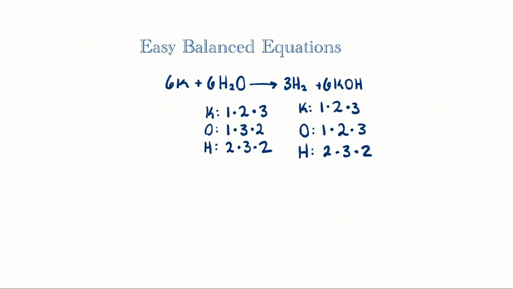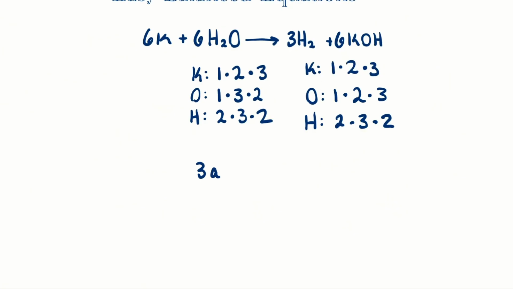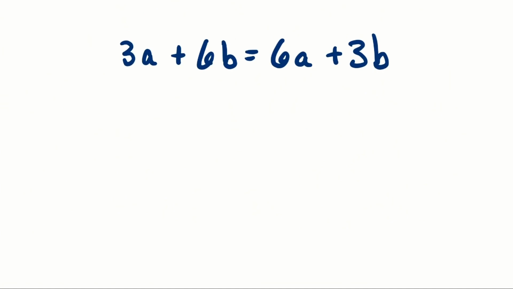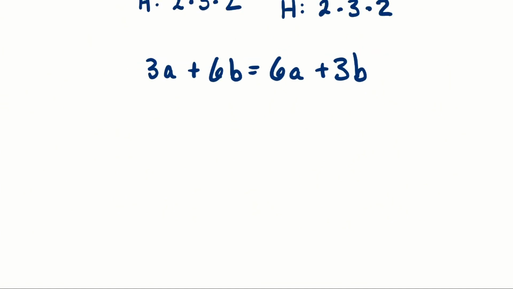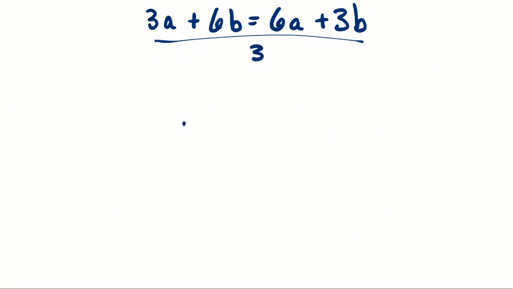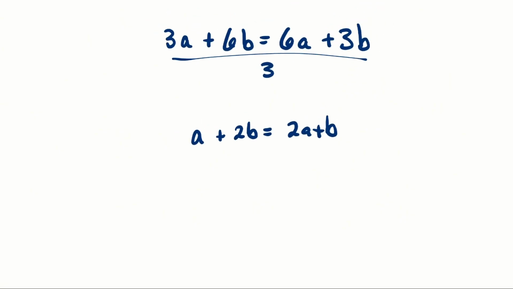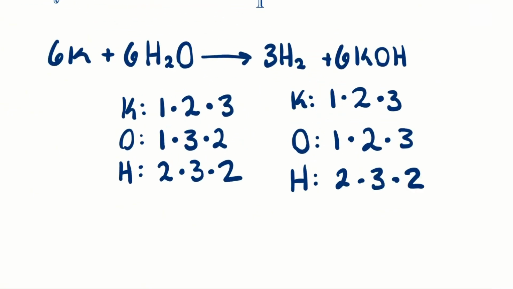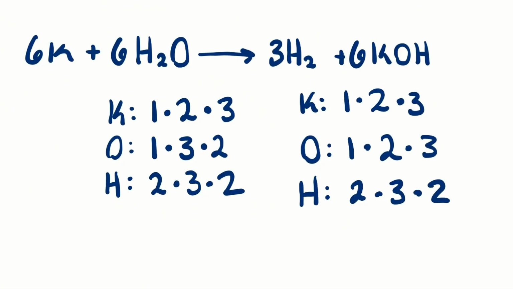So just like with an equation where if you have 3 times 3a plus 6b is equal to 6a plus 3b, you have common multiples here of 3. So I could divide both sides of this equation by 3, and that would be equivalent to saying a plus 2b is equal to 2a plus b. So you should go ahead and put it in the reduced form, which just means dividing by the common multiple, because it's just easier to look at. And if you're trying to sort of make things simple, then that's what we want to do.